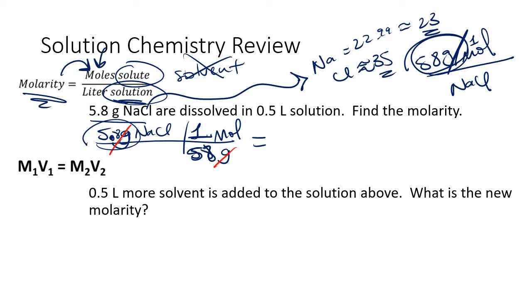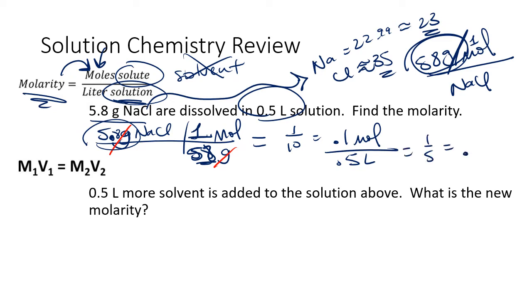That is almost the same number, and it's going to turn into 1 over 10, or 0.1 of a mole. And then I have 0.5 liters of solution, so 0.1 divided by 0.5, that's the same thing as 1 over 5. That's the same thing as 0.2, and we use a capital M for molar. So 0.2 molar is the concentration, the molarity, of the solution.